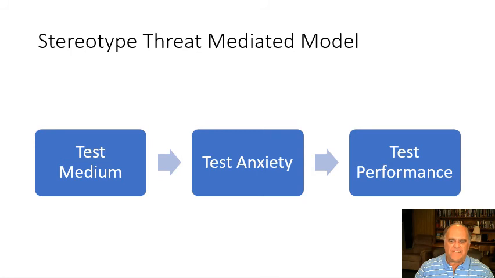But that leaves, again, a big black box in terms of why the test medium impacts test performance. Again, what makes it more interesting is if we start hypothesizing what the mediating mechanism is. One mediating mechanism that's been postulated is test anxiety. So we can have test medium leading to test anxiety, which then leads to test performance.